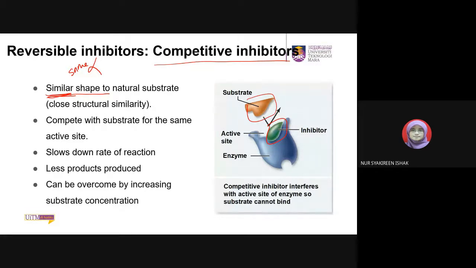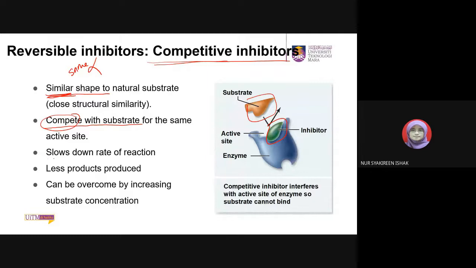Alright. So similar shape to the natural substrate, with close structural similarity. Because the inhibitor has a similar shape, the inhibitor will compete with the substrate for the same active site. That's why we call it a competitive inhibitor: the inhibitor competes with the substrate to bind to the active site.